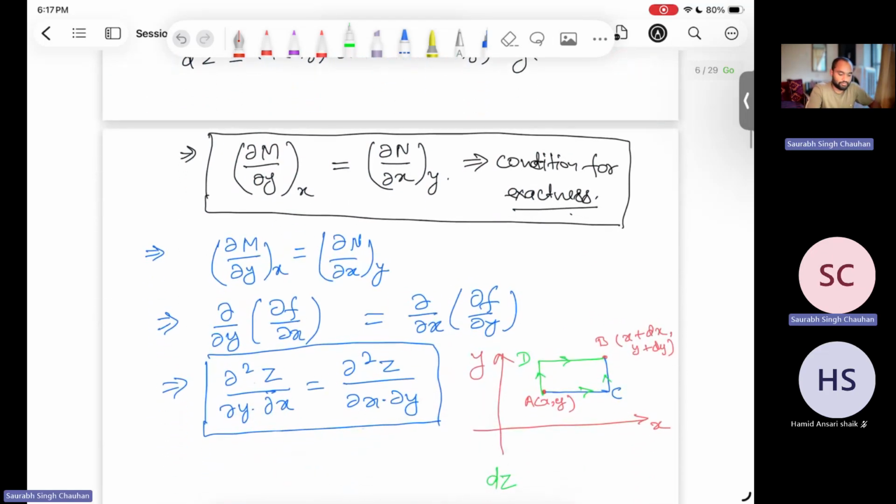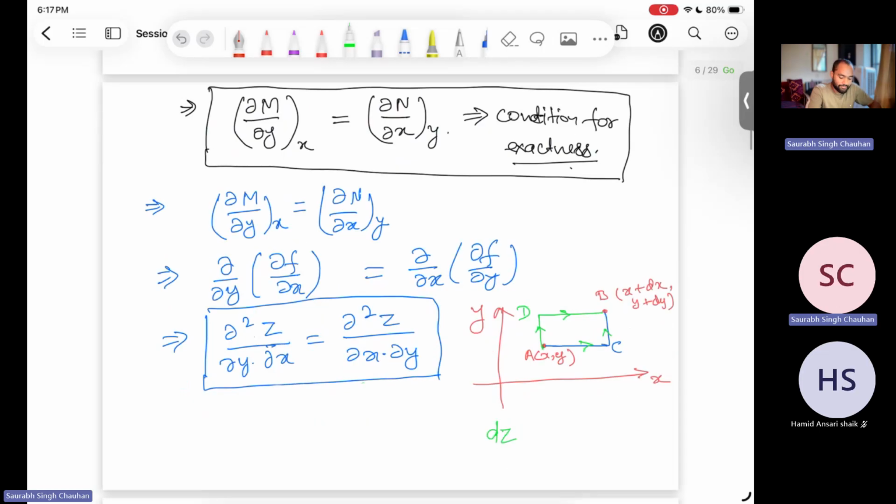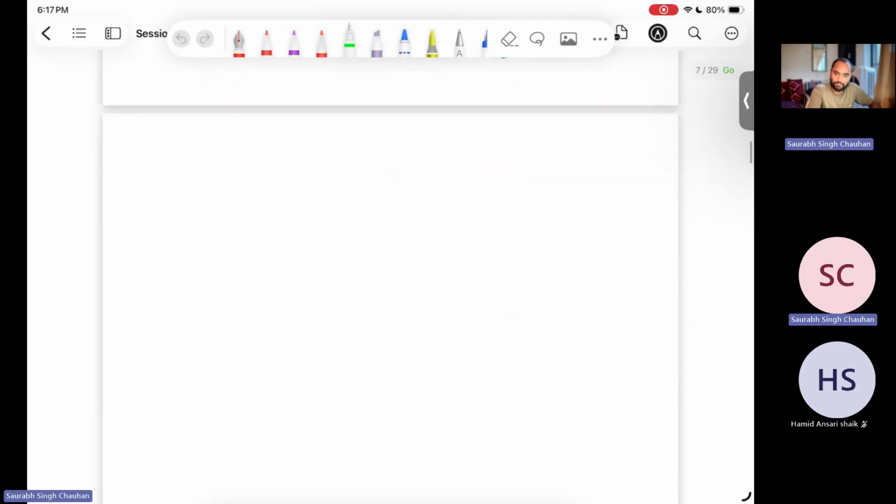So this is the condition for exactness, and we discussed that thermodynamic properties are state functions, point functions. They have exact differentials. So all the thermodynamic properties, for example pressure, can be a function of other variables. Pressure can be a function of volume and temperature.